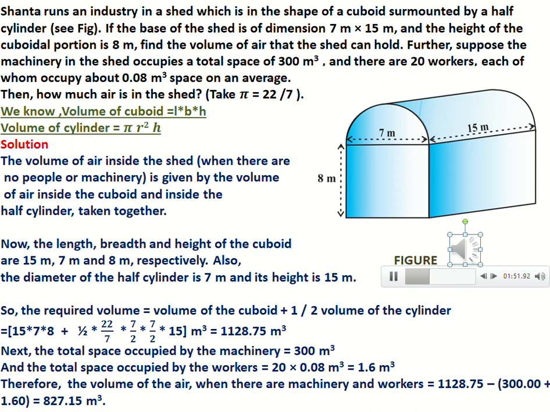Now the length, breadth and height of the cuboid are 15 meter, 7 meter and 8 meter respectively, that is given. Also the diameter of the half cylinder is 7 meter and its height is 15 meter. So these are the information given in the figure.